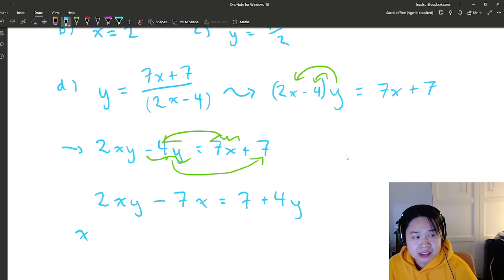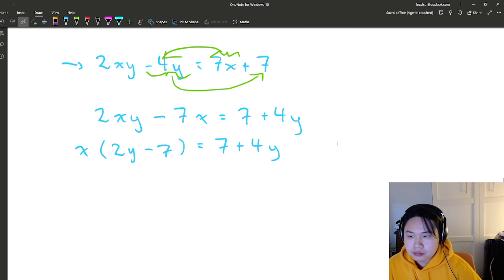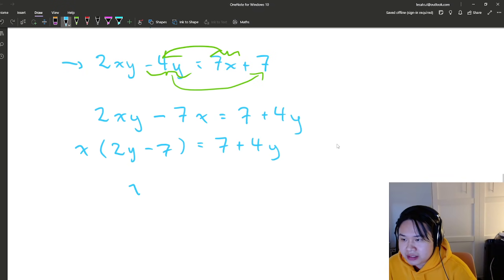And then from here we can factor out the x. And then we have isolated x.